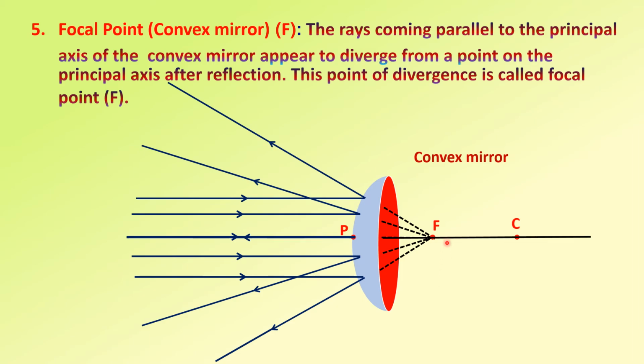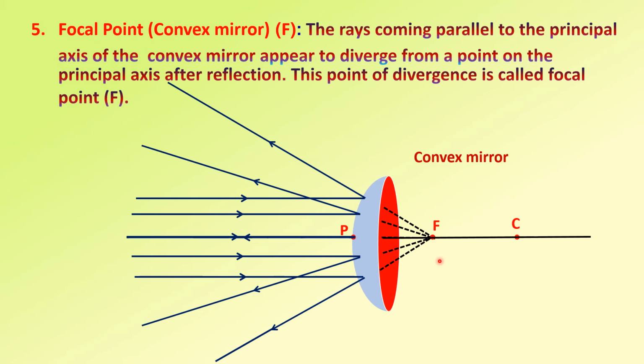So the reflected rays are not intersecting themselves. That's why the focal point in this case is called virtual focal point. It doesn't exist really, it is a virtual focal point.